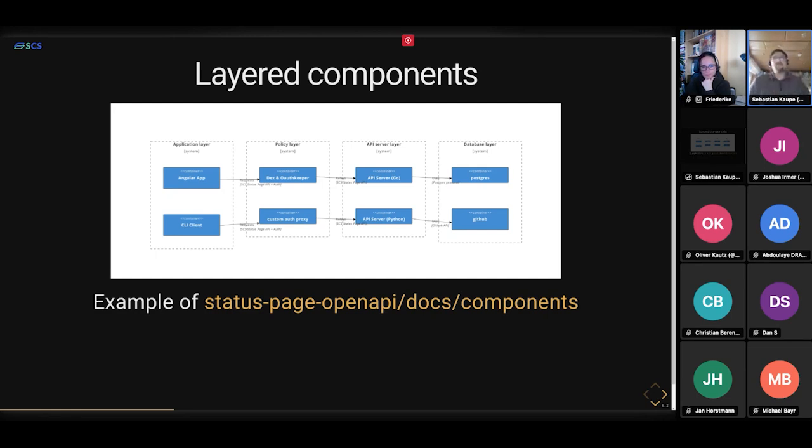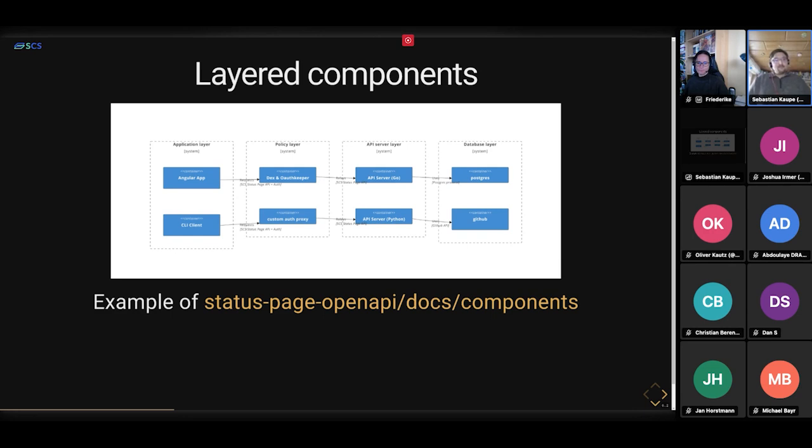So, top layer, the application layer, this is where your client-facing stuff lives. Then there is a policy layer. The policy layer is responsible for making sure that all the parts of the status page, or rather the API server, which is providing us with our programmable API that we wanted, is only accessible by authorized and authenticated users, but only the parts that require this.